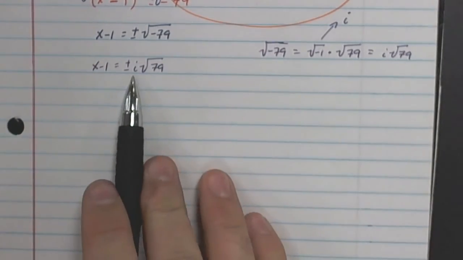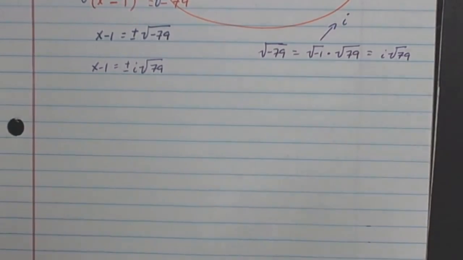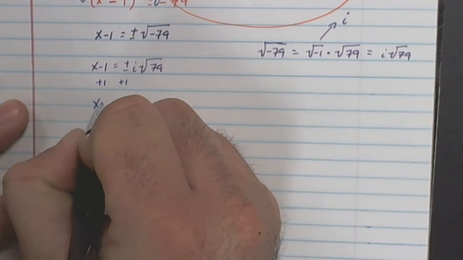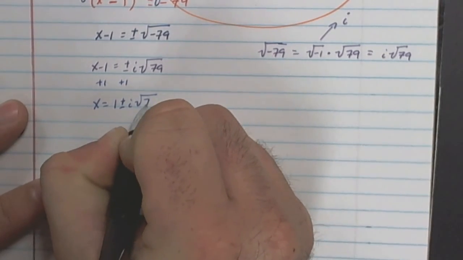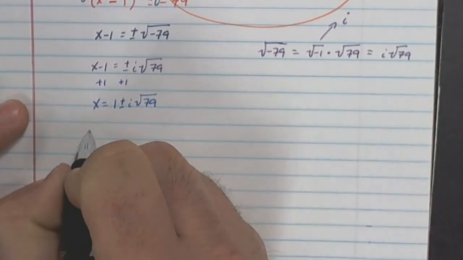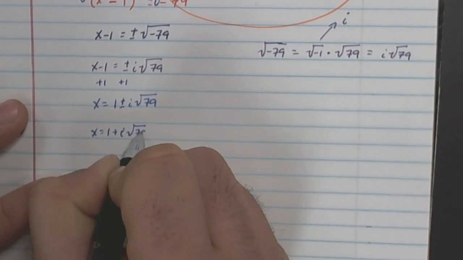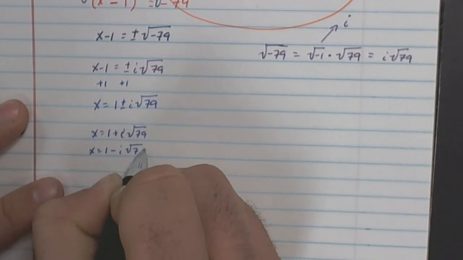It's an even root, I cannot leave the negative in there. Add 1 to both sides. X is equal to 1 plus or minus i times the square root of 79. Rewrite that. X equals 1 plus i square root of 79. X equals 1 minus i square root of 79.